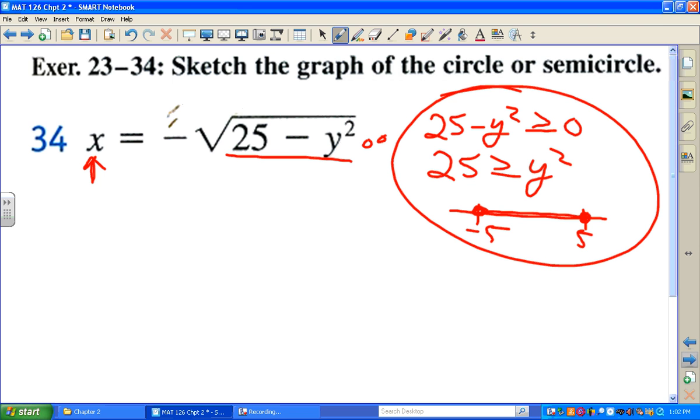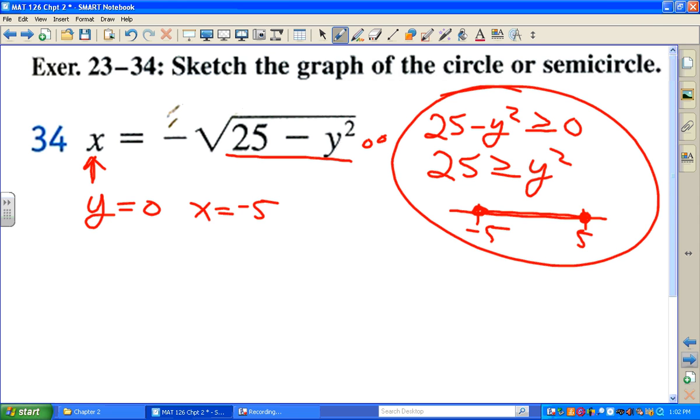Okay, if I put, let's see, 0 in for y, the square root of 25 is 5, and you have a negative, right? So x can be negative 5 when y is 0. When y equals 0, x can be negative 5. Okay. See how I'm kind of doing it backwards? That's because y is now the independent variable, and x is the dependent. I'm putting numbers in for y to generate x.